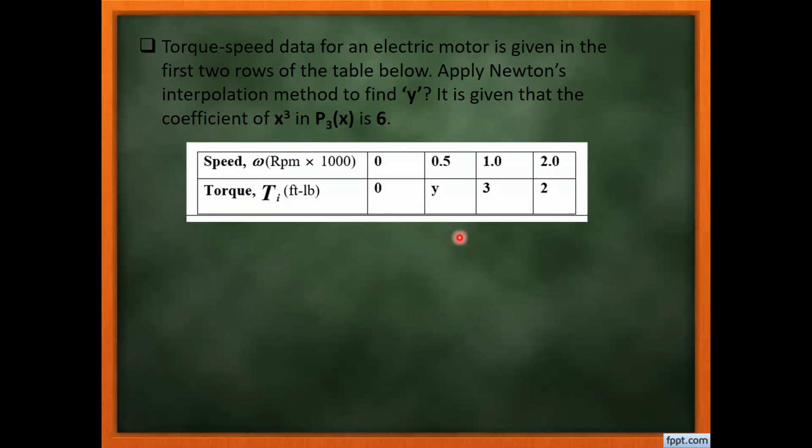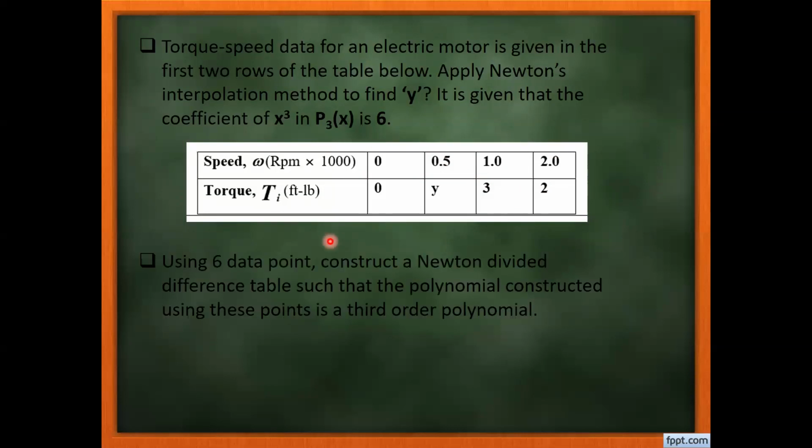I can draw a divided difference table and then just calculate the value of a3, which will actually be the third divided difference in the table, and set that equal to 6 to solve this problem. That will reduce your effort. So if you choose the first option and develop a polynomial first and then try to solve it, you're going to take more time.